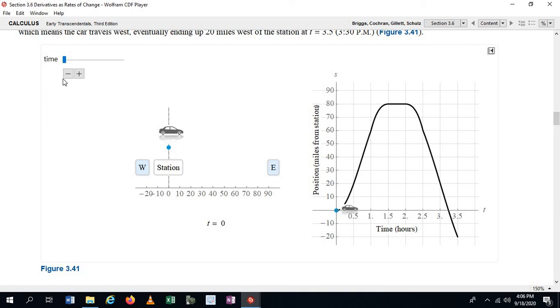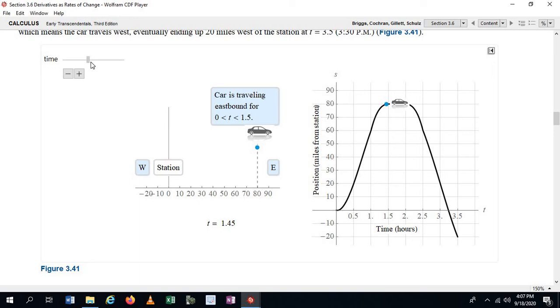So this diagram may help. Here's the police car traveling east until it reaches a position of 80. Now remember, this is one-dimensional motion. So this car is only moving in the horizontal direction. Initially it starts off heading east until it reaches the 80 mark on the number line.